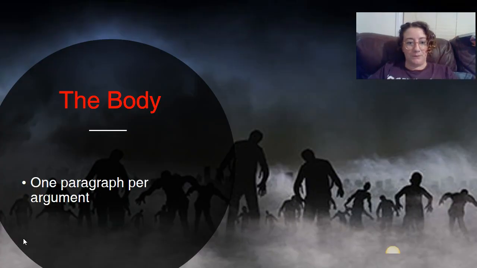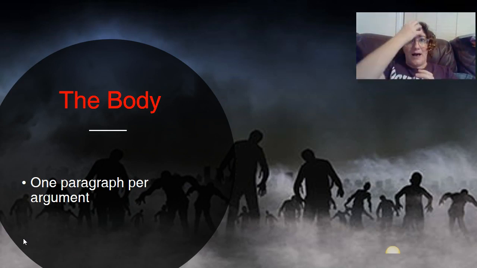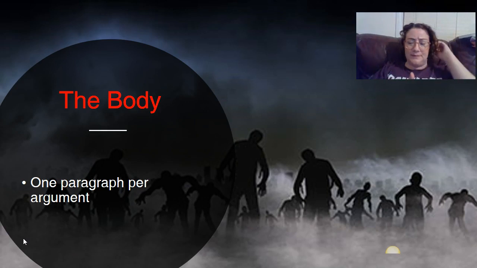Okay, so let's have a look at the body. Each of the body paragraphs will have one paragraph per argument, okay? Most of your articles you'll probably be able to split into about three main arguments. When I talk about arguments, a lot of people feel the pressure that it has to be very much, this is my first reason, this is my second reason.